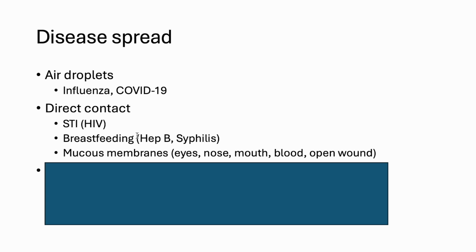Examples are hepatitis B, syphilis, or contact with mucous membranes. If, let's say, infected blood touches your eyes, nose, mouth, or an open wound, actually all of this is the same concept. It's just being in contact with mucous membranes. Therefore, the fine capillaries are exposed to these pathogens, and they can absorb them and it's into your body already. And that's where the infection starts.